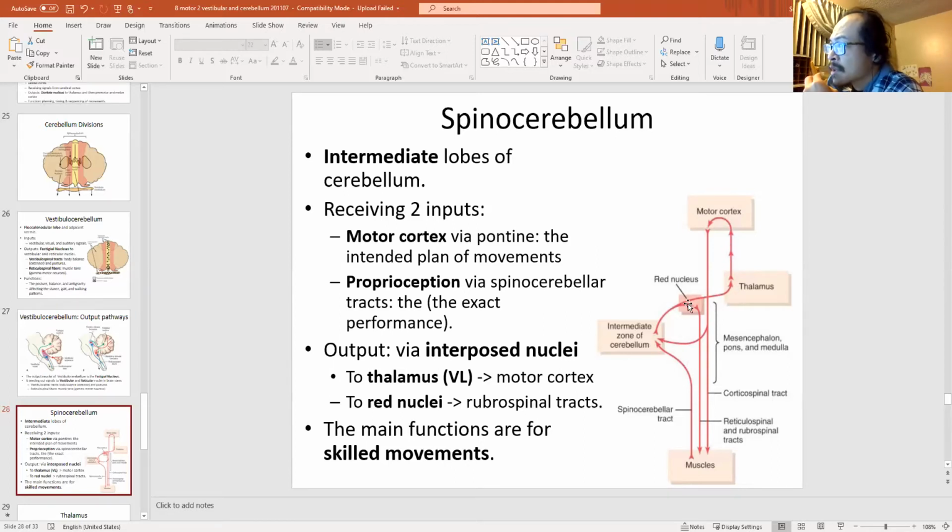It will also send signal through the rubrospinal tract to tell the muscle to adjust in order to improve performance. So the spinal cerebellum is there to improve skilled movement.